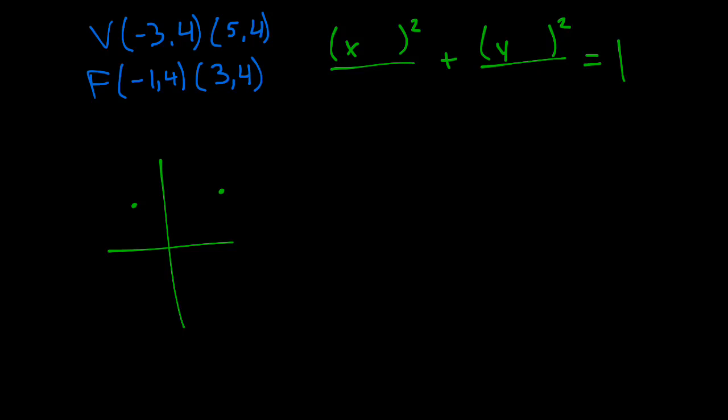Let's stop right there and find the center quick. From -3 to 5, that's a distance of 8, so right in the middle, at (1, 4), is going to be our center. To get to a center of (1, 4), we need to shift right 1, so we should see x minus 1 in our equation. To shift up 4, that's y minus 4. Now we've got our center located.